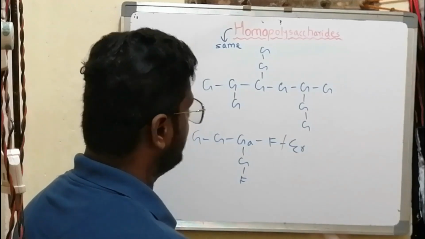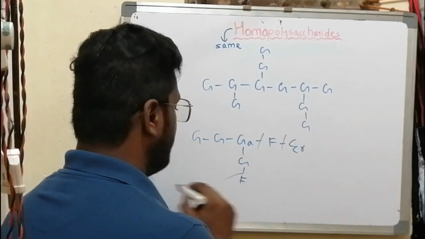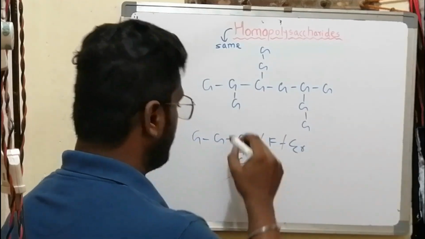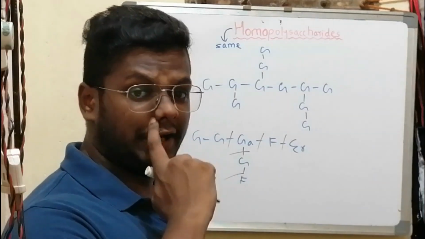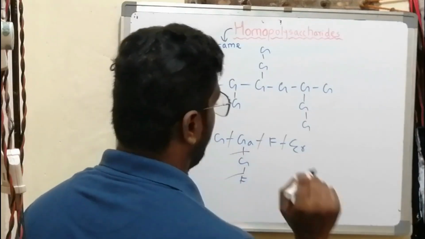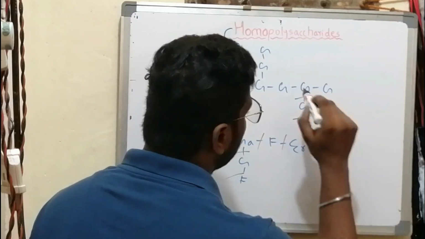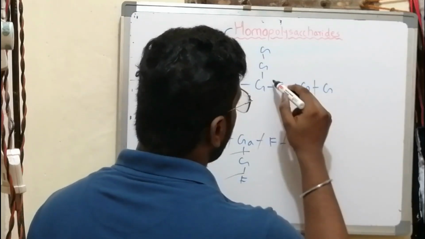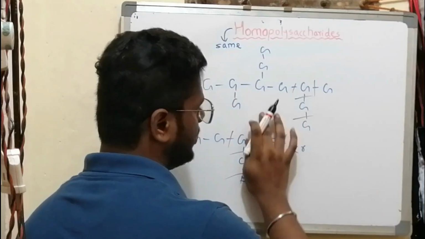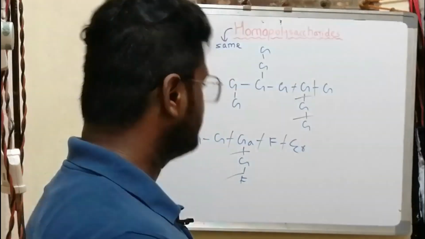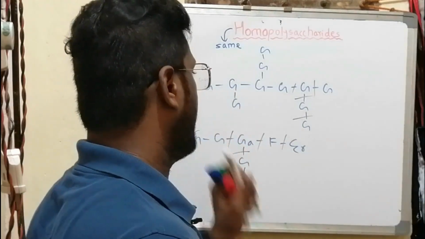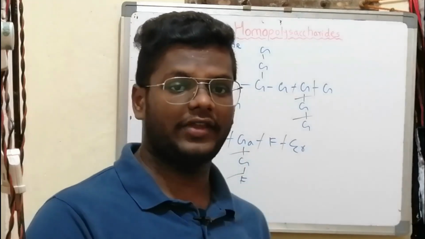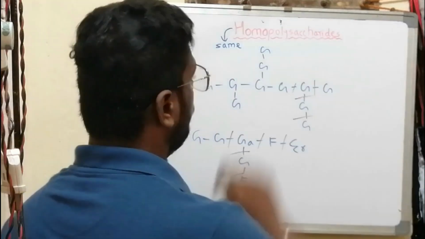First I would be getting erythrose, then fructose, and glucose and galactose, right? But if I try to hydrolyze a homopolysaccharide, I will be getting the same type of monosaccharide. I will be getting only glucose here in this example. So such a polysaccharide where I am having only and only one type of monosaccharide is called a homopolysaccharide.